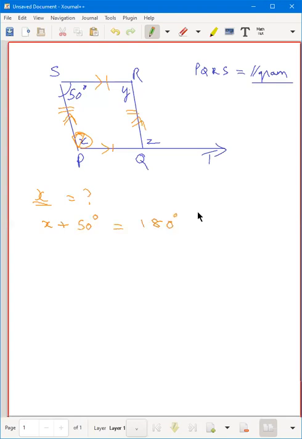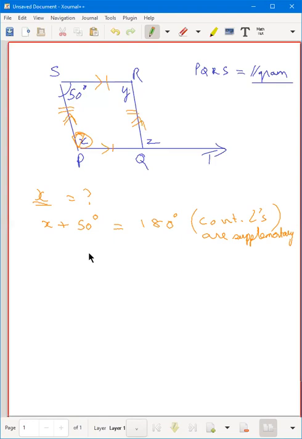So X is equal to, just a minute. Look on the board, Aryan. Yes, sir. X plus 50 degree is equal to 180 degree.